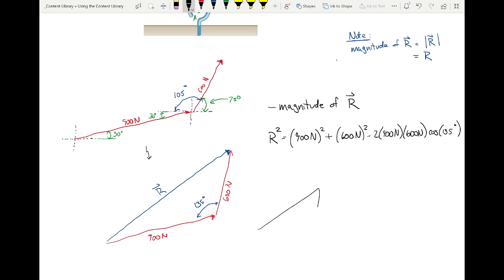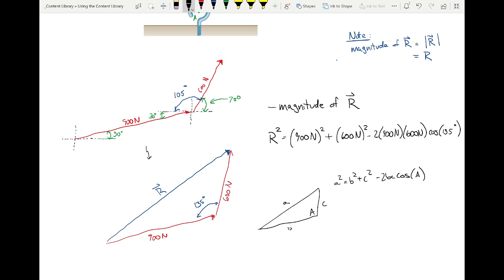When you have a triangle, and this is A, this is B, this is C, and that's angle A, A squared equals B squared plus C squared minus 2BC cosine A. It's just the law of cosines. That's all that is.